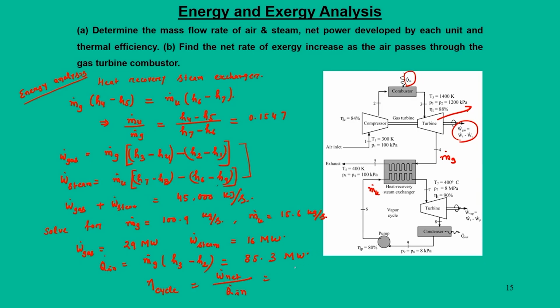W dot net is 45 megawatt divided by 85.3. So, this is 52.8%.